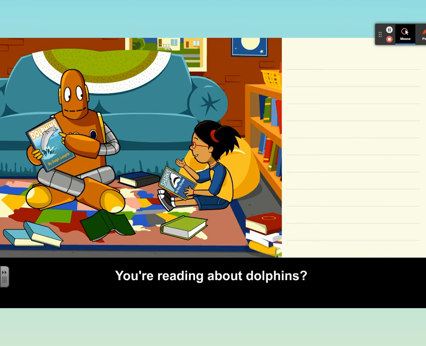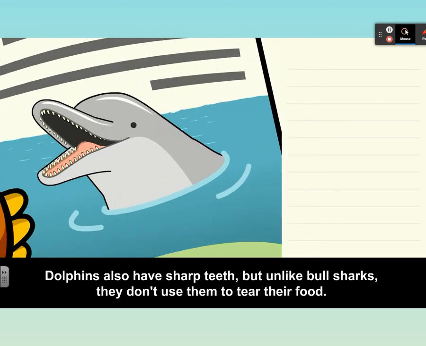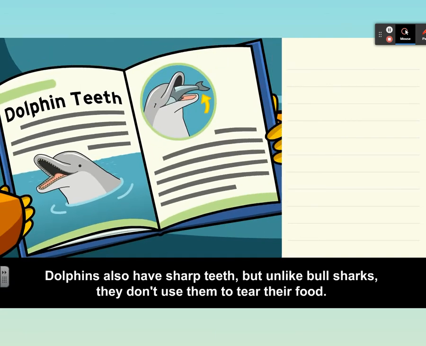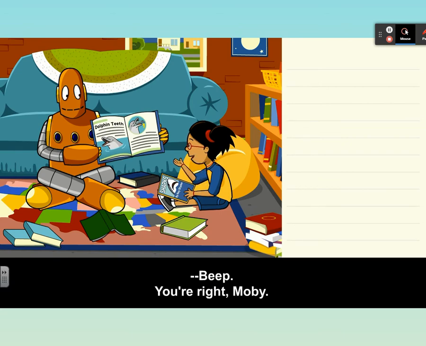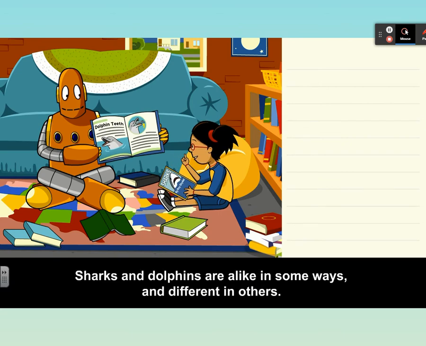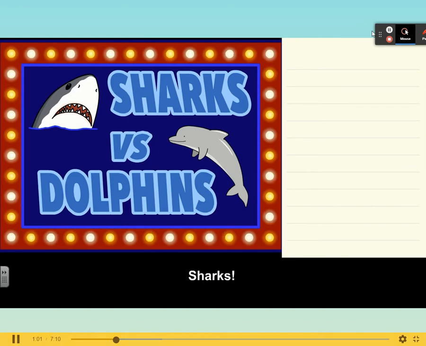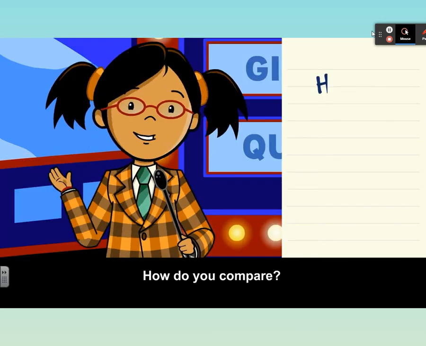You're reading about dolphins? Cool. Dolphins also have sharp teeth, but unlike bull sharks, they don't use them to tear their food. Instead, dolphins grab and swallow their prey whole. You're right, Moby. Sharks and dolphins are alike in some ways, and different in others. Looks like we need to play Sharks versus Dolphins. How do you compare?